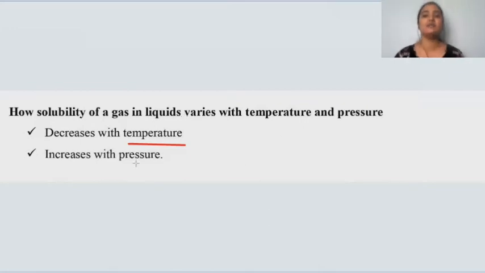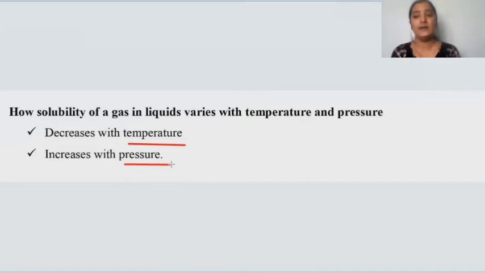Now let us consider the pressure. How does the solubility of a gas in a liquid vary with pressure? Let me explain this, children. Here you are applying force on the solution. Which solution? The one you have prepared by dissolving gaseous solute particles in a solvent.